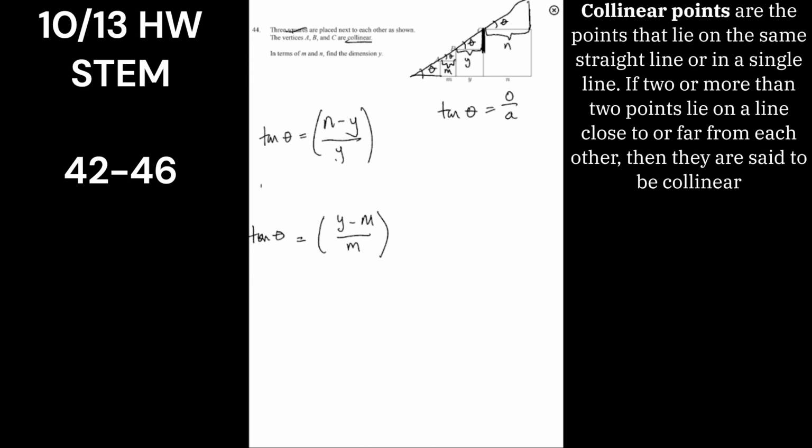We see that tan is the same here, so we could do a little bit of a systems. n minus y over y equals y minus m over m. So here we can multiply: y squared minus ym equals mn minus ym.